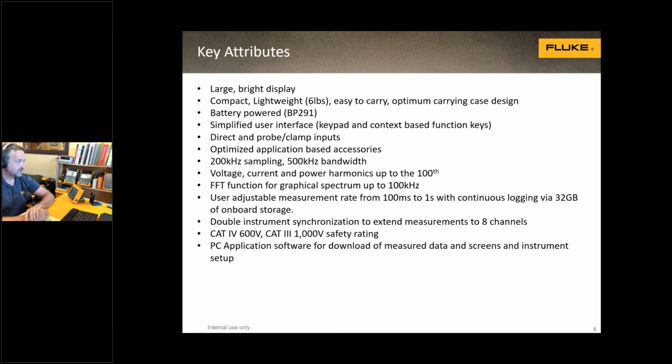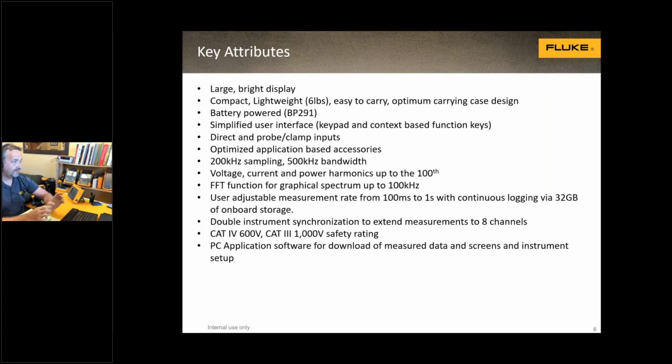The sampling rate is 200 kilohertz sampling. So it's on line with our 430 series products, which do higher speed transient capture for waveform deviations of less than half a cycle time. Bandwidth is up to 500 kilohertz again, which is higher frequencies, since most of our tools like the 430 series are geared around 50 and 60 hertz measurements.